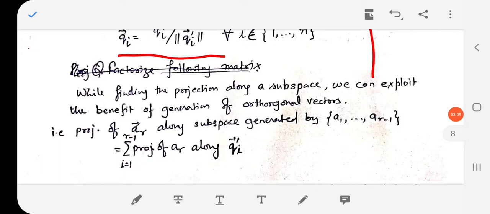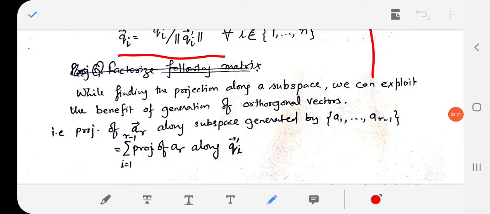Now one very specific property of orthogonal complement is that if you want to take the projection of any vector onto a space, then it is equal to the summation of the projections along each orthogonal vector.